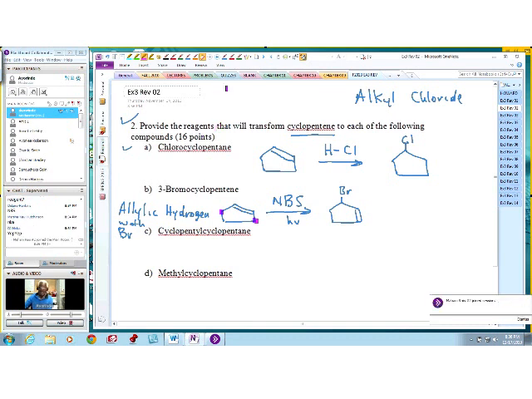Now let us do C. C says pentylcyclopentane. So we need to go from here to here.